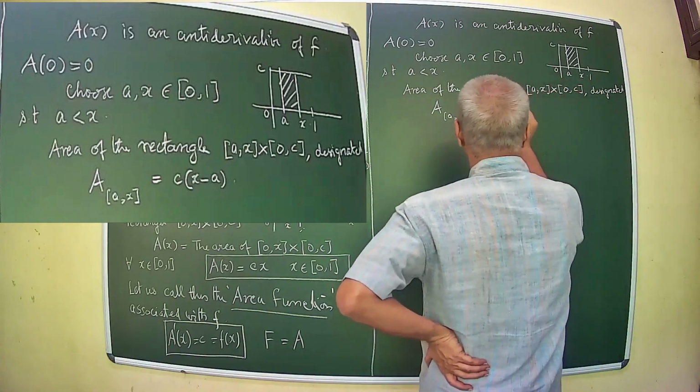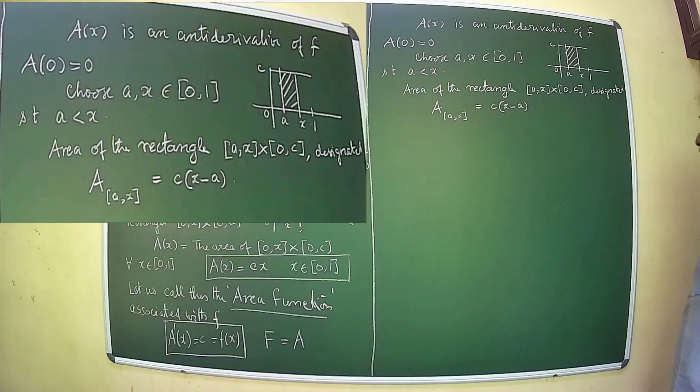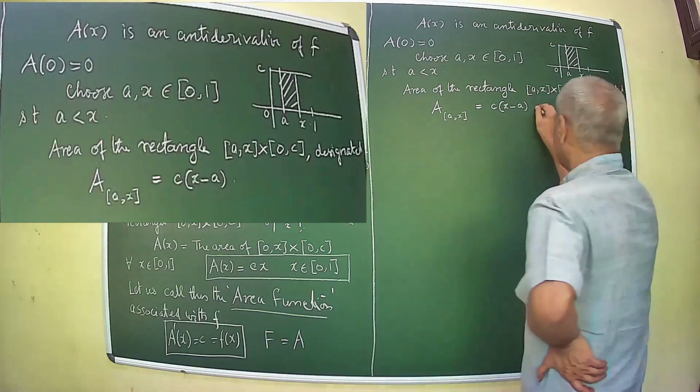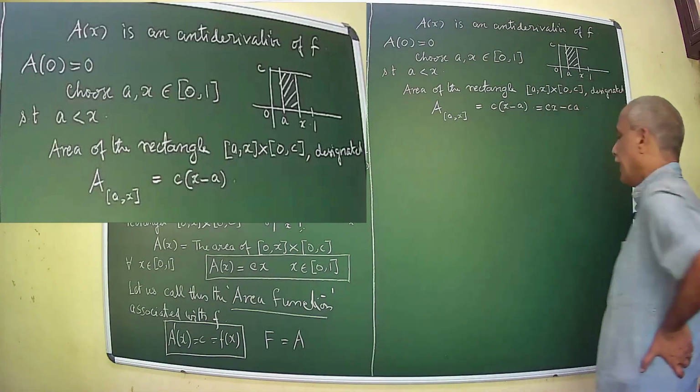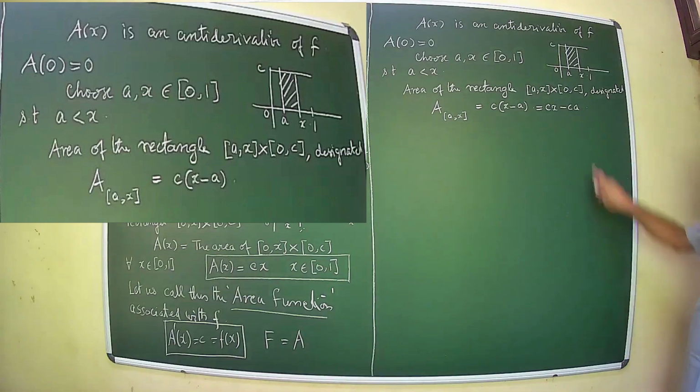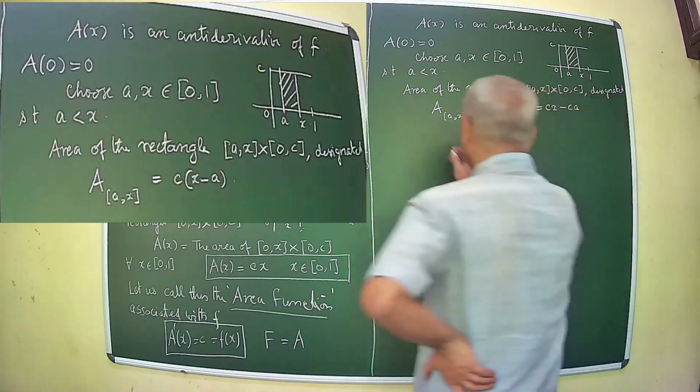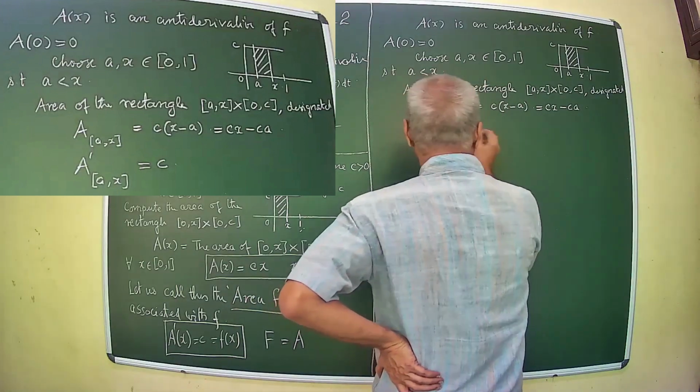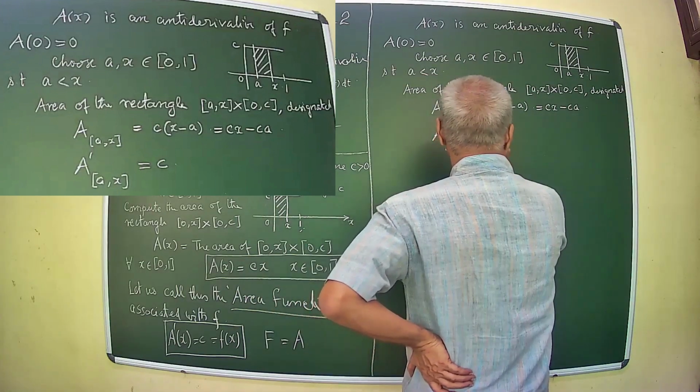c into (x minus a). Now c and a are constants, therefore this is a constant and this is x. Once again you observe that the derivative of this is also equal to c.